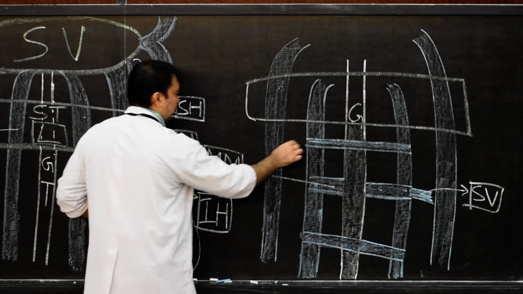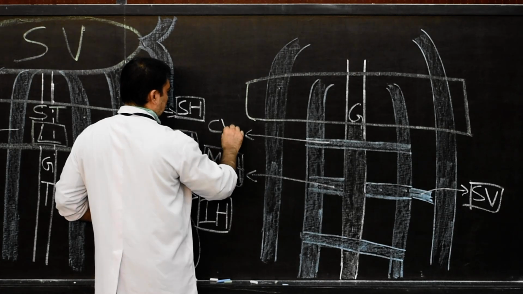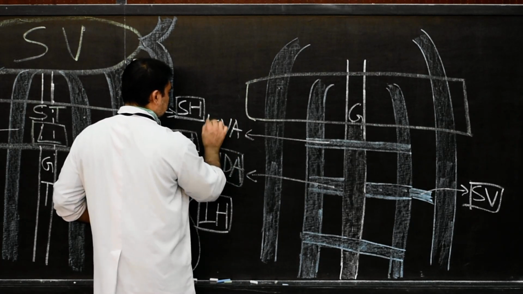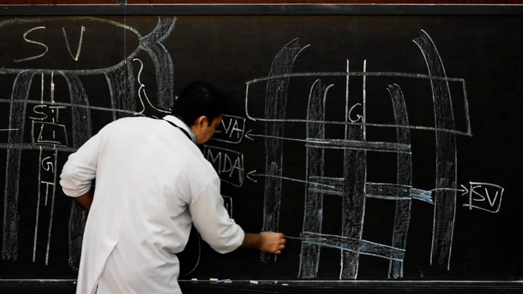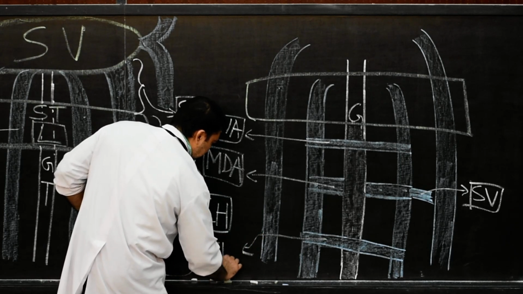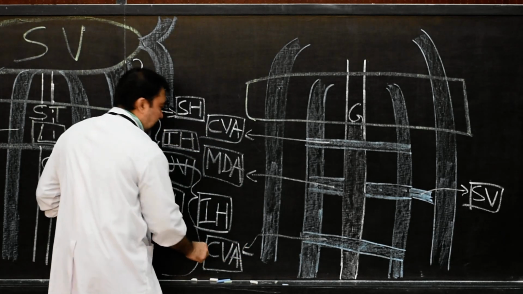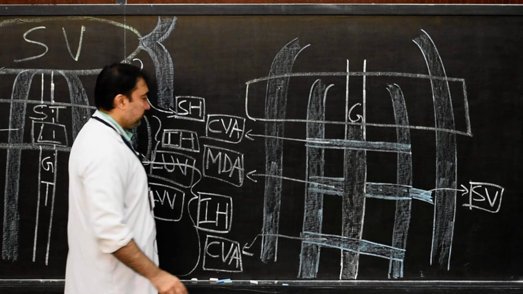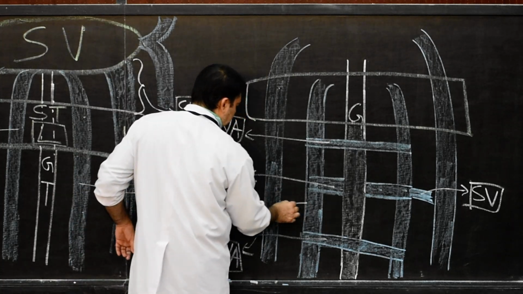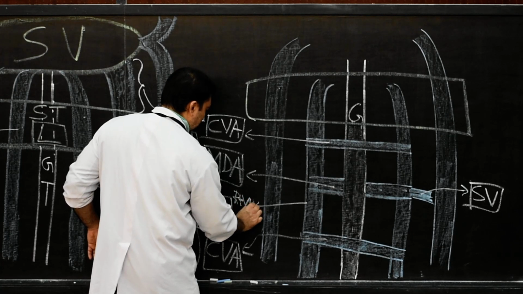Very important naming. Here we will name this anastomosis as cephalic ventral anastomosis, and here we should name this anastomosis as the caudal ventral anastomosis. So in this way we have to name. Here we will mention this as the right vitelline vein.